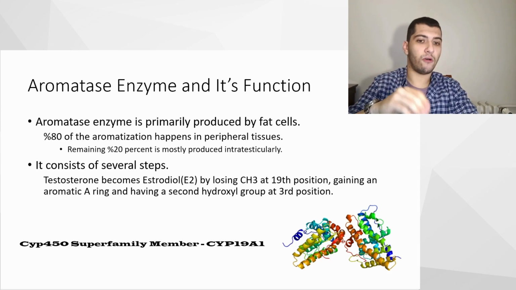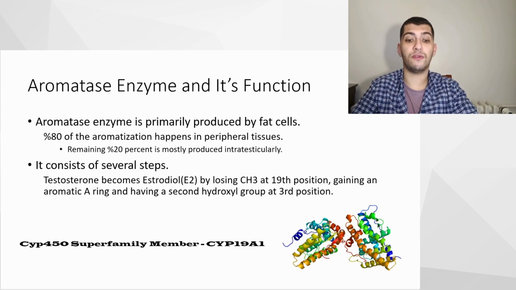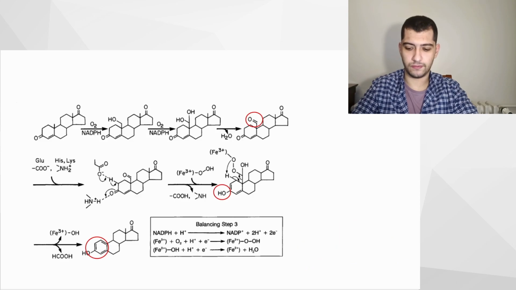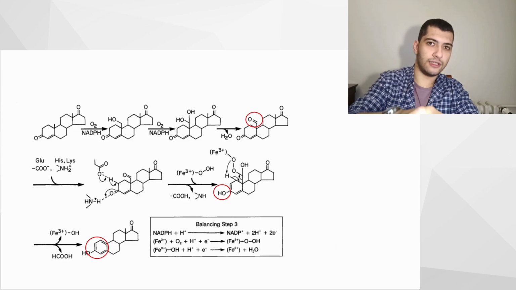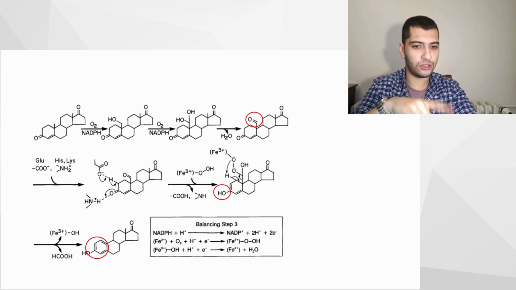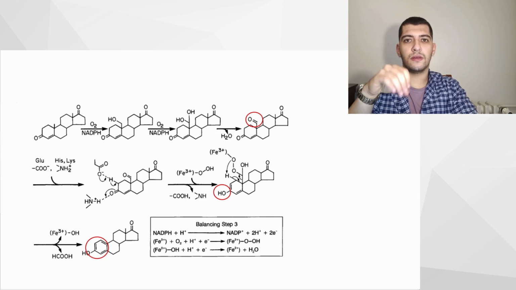And by the way, the aromatase enzyme is a CYP450 superfamily member, also known as CYP19A1. As you can see, this picture clearly shows every step that's involved in the aromatization.